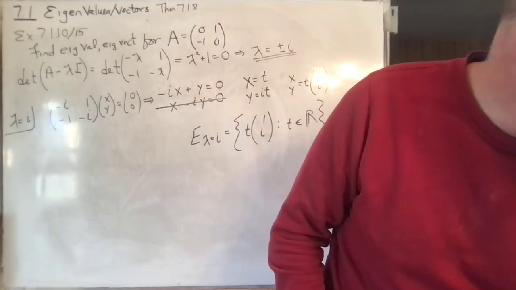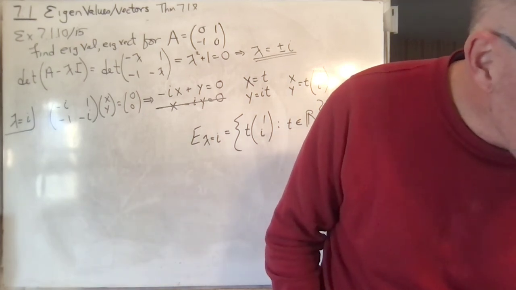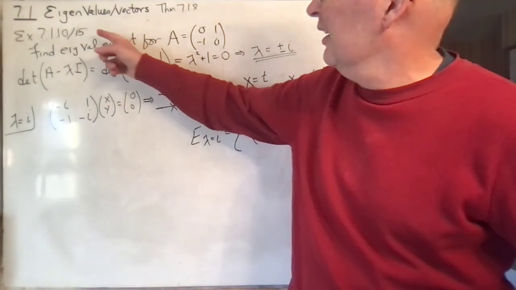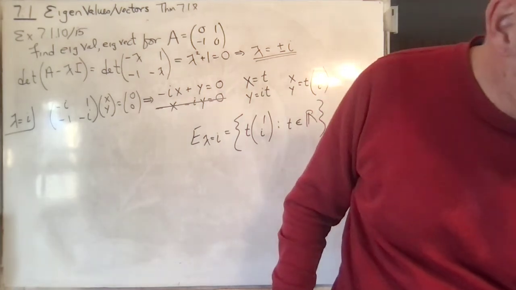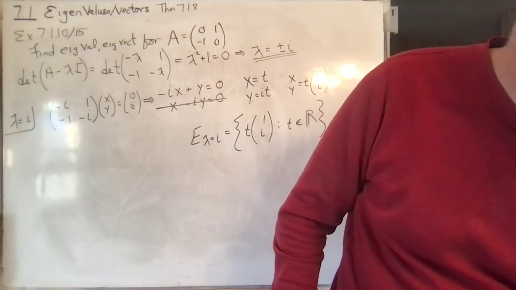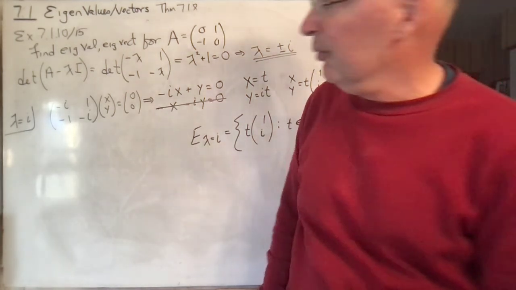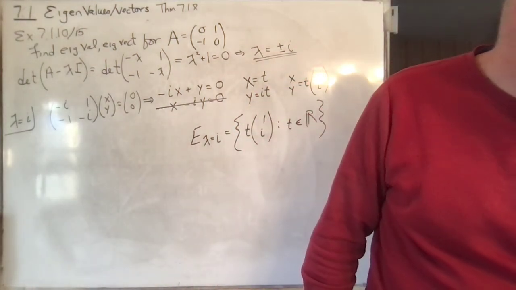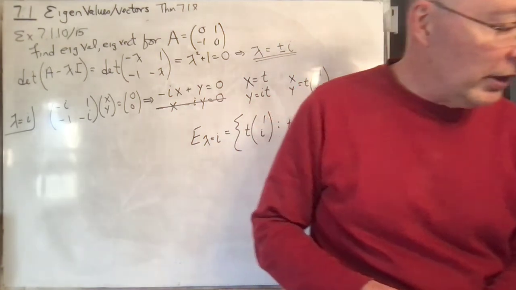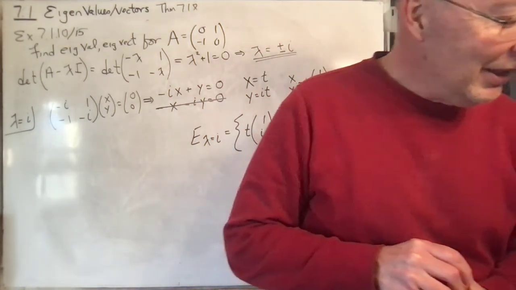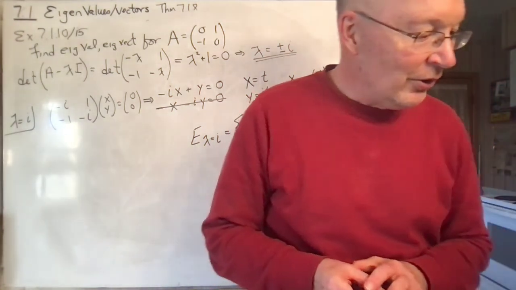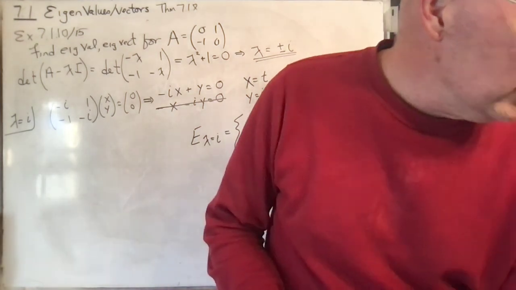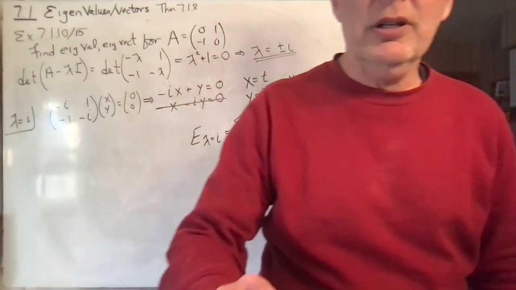You can stop right here with example 7.1.15, and then do the problems that are associated with this, which are exercises 1 through 7, which is what I have so far. Things might change over time, but I'll let you know. Okay, so very good. So that is the end of section and chapter 7.